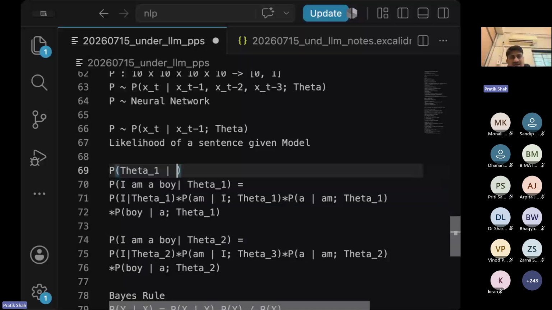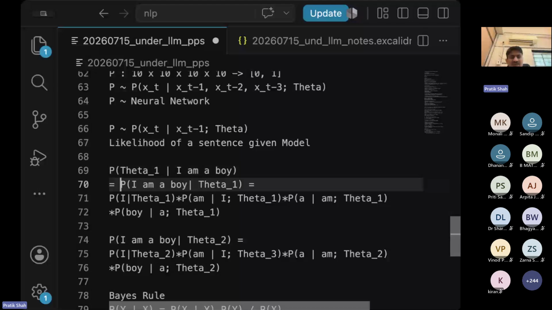How likely is it that this sentence comes out of model 1? I have no idea how to do that. So I flip the probabilities based on Bayes rule. And I say all the models are equally likely, all the sentences are equally likely. And so now I can talk about posterior in terms of likelihood. And that's why typically we talk about the likelihood of a sentence. So how likely is it that this sentence comes out of model theta 1.